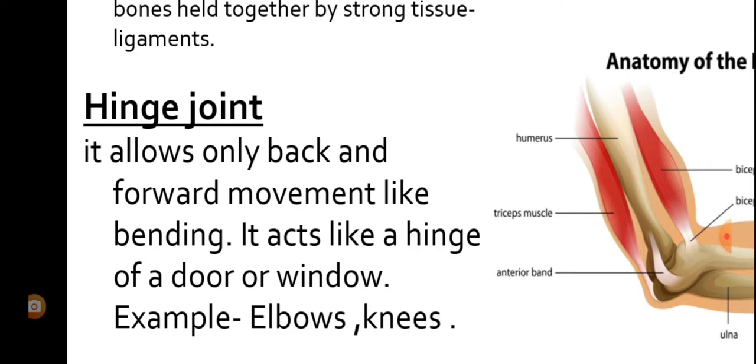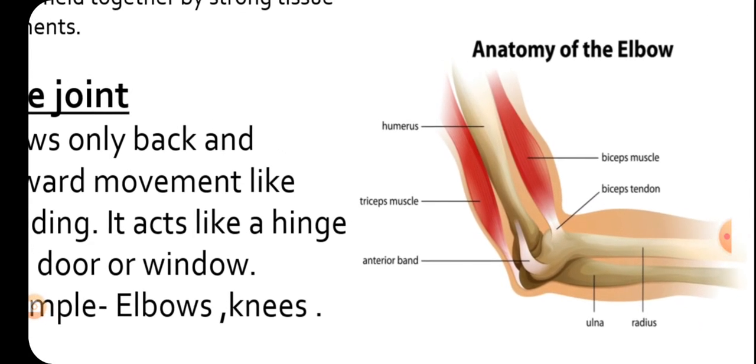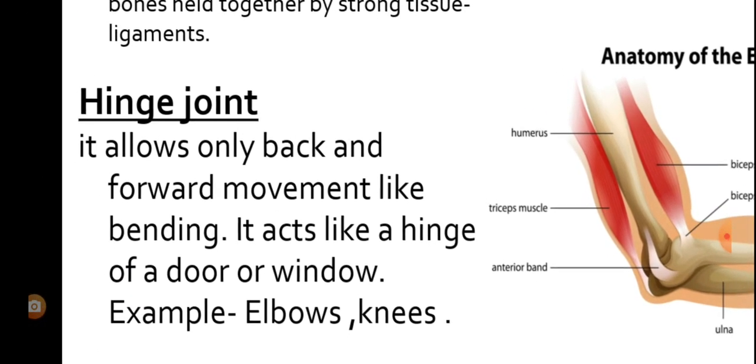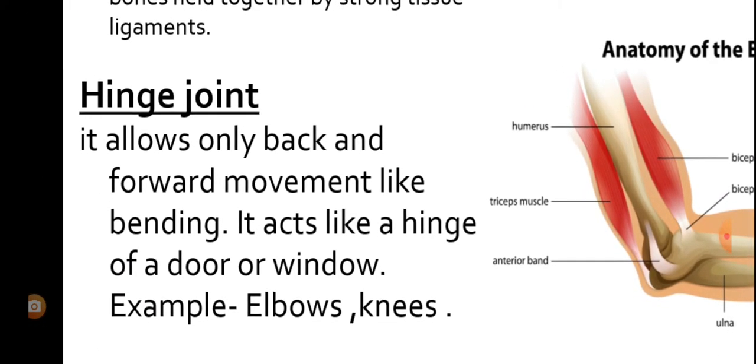The first is the hinge joint. As you can see, this is the diagram of a hinge joint. This hinge joint allows backward and forward movement. We can bend our hand or our bones through this joint. It acts like a hinge of a door or a window.